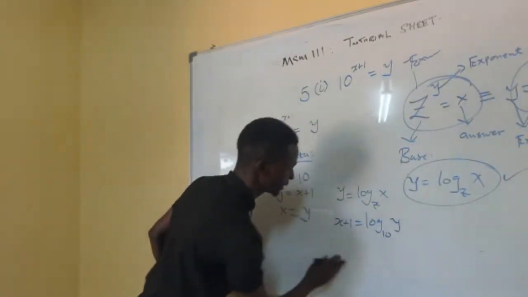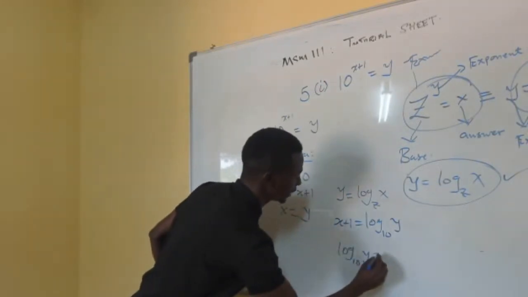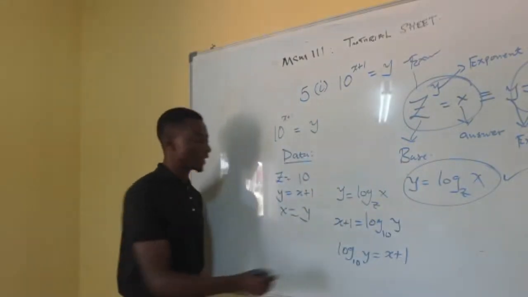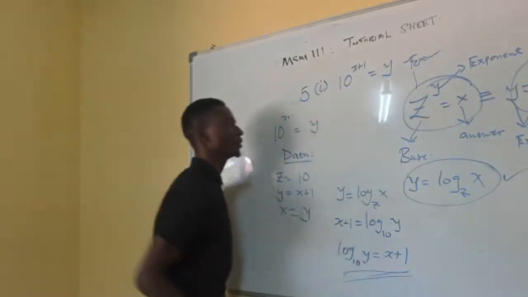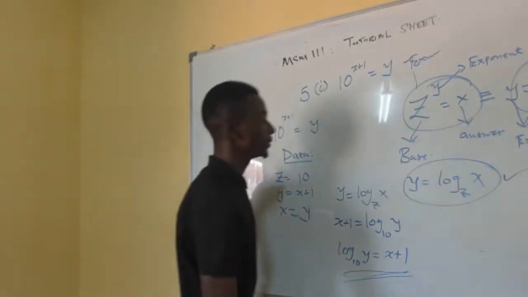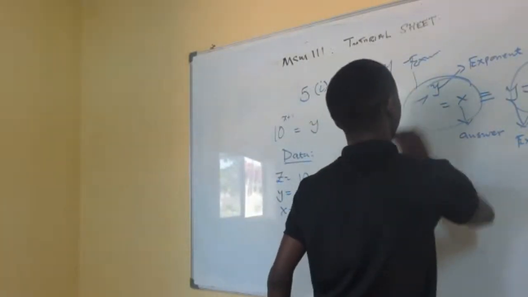Or if you want, you can say log 10 y equal to x plus 1. That's what you're supposed to do. If you feel this method is difficult, let me show you another method that you can use.